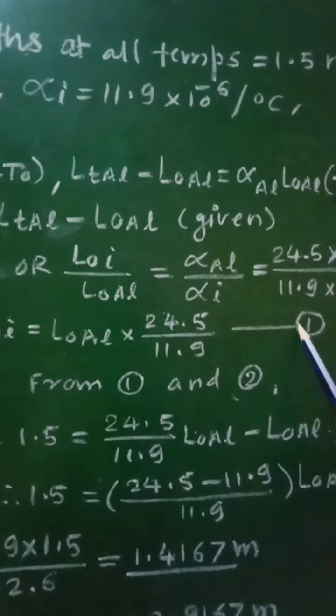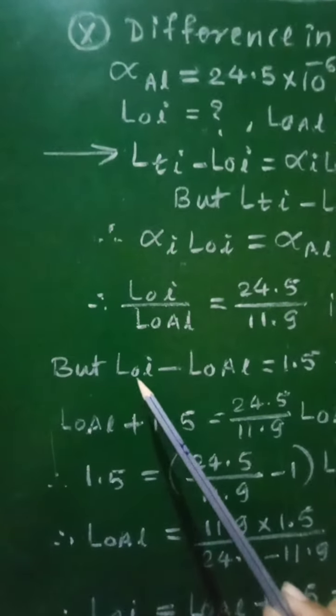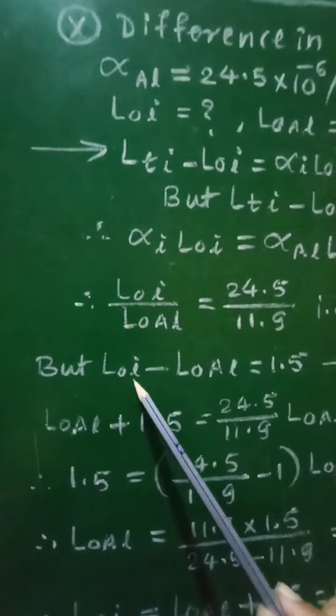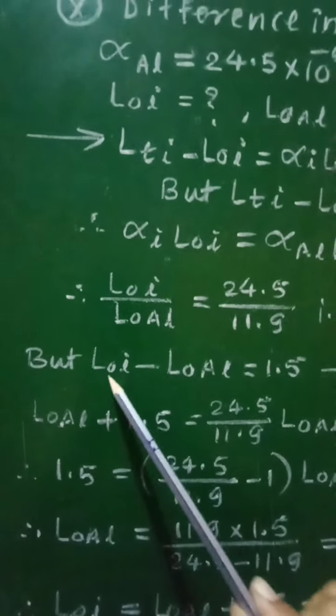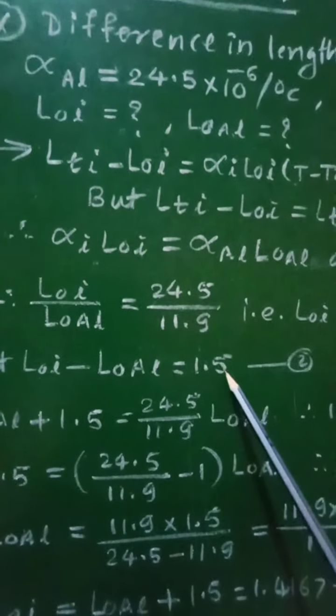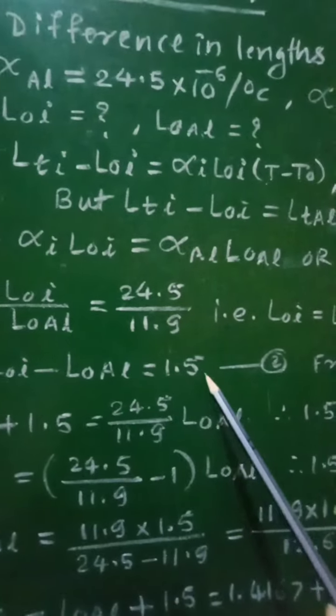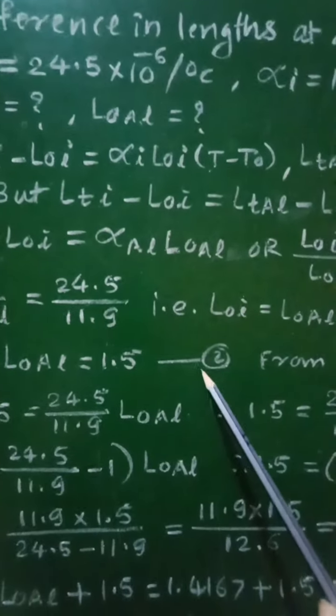Take it as equation 1. But we are having the difference between the lengths at all temperatures equal to 1.5, that is L0I minus L0AL equal to 1.5. Let it be equation number 2.